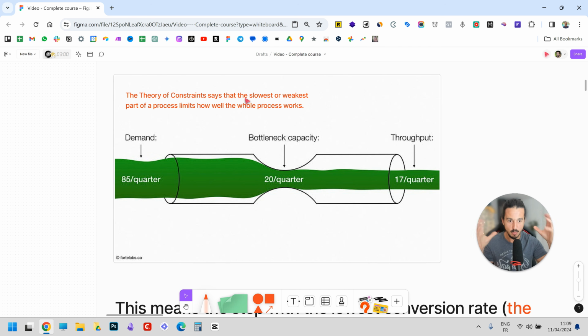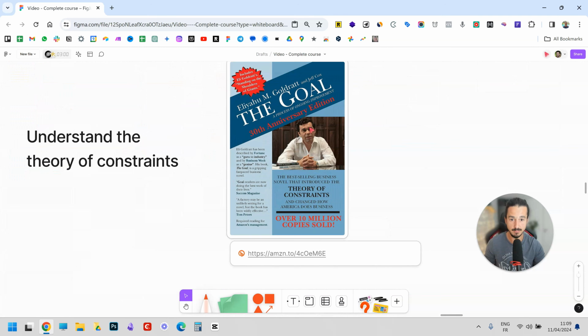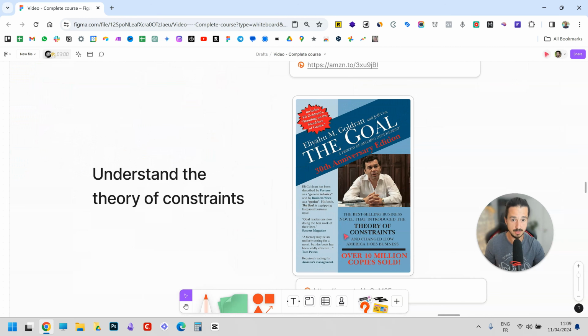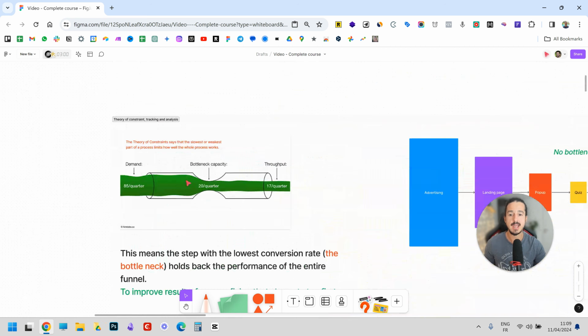It's a way to think of a process where the main point is that the bottleneck creates the capacity of the system. This concept comes from the book The Goal, which introduced the theory of constraint, and it's made for factories.